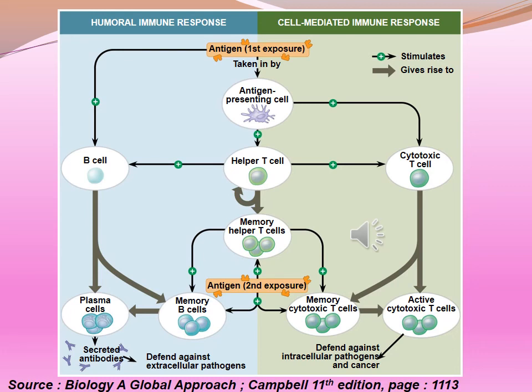Memory cells of each type, helper T cell, B cell, and cytotoxic T cell, enable the secondary response. For example, when body fluids are reinfected by a pathogen encountered previously, memory B cells and memory helper T cells initiate a secondary humoral response.